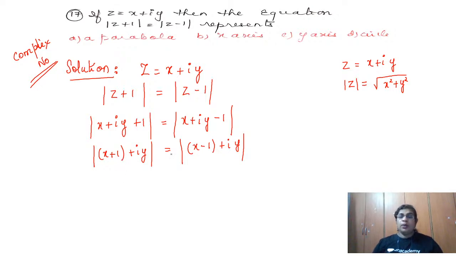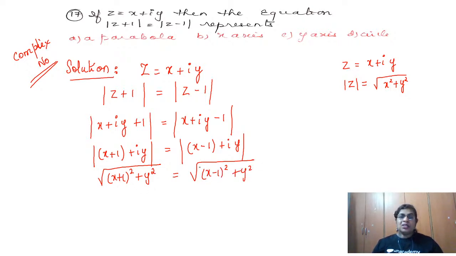So here we require to find the modulus. Then only we can come out with which equation this satisfies. So it is the square root of x plus 1 the whole square, the real part square plus the imaginary part square, is equal to the square root of x minus 1 the whole square plus y square.